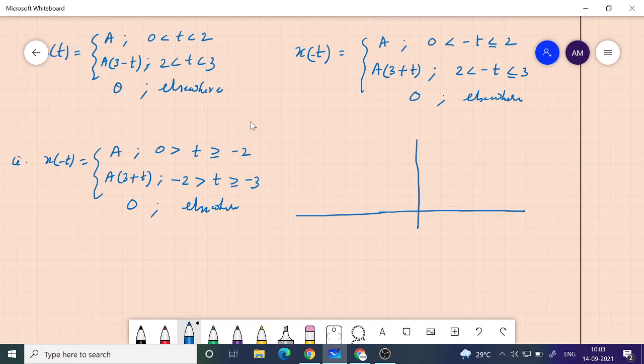Right, so the first range, if you look at 0 to minus 2, so this is minus 1, this is minus 2, and in that range it is A, and then I have now a positive slope. You see that my slope is A into t, right? So m is basically A.